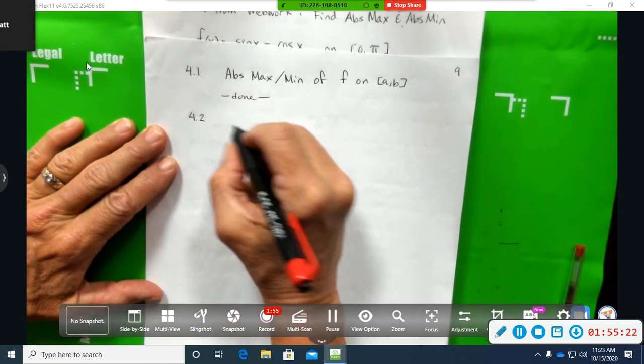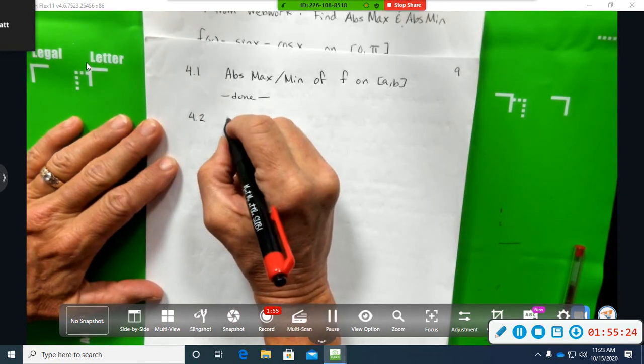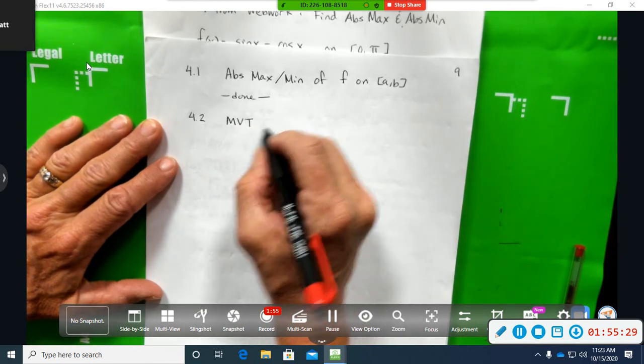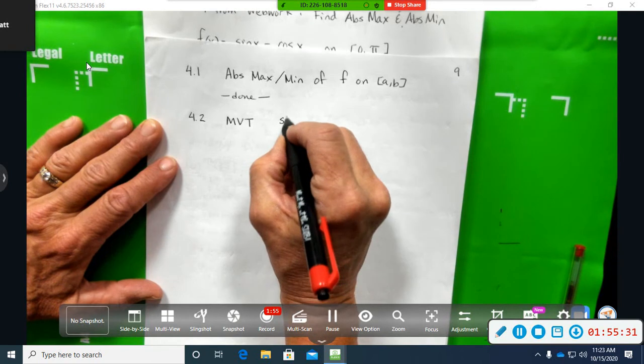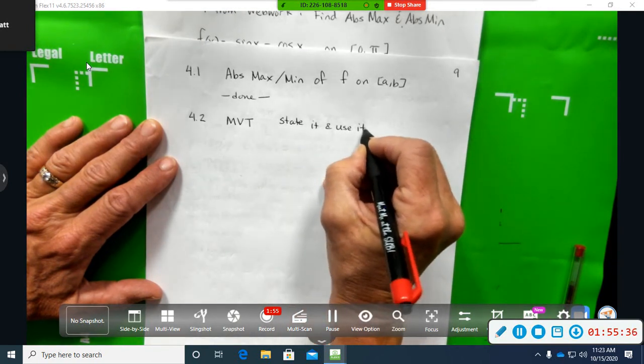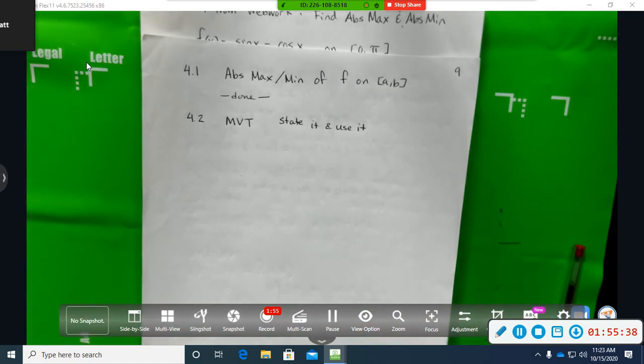Section 4.2, be able to state the mean value theorem and be able to use it. The mean value theorem says that every continuous function defined on the closed interval AB and differentiable on the open interval AB satisfies that somewhere in there the slope of the tangent line is equal to the slope of the line through the 2 endpoints.